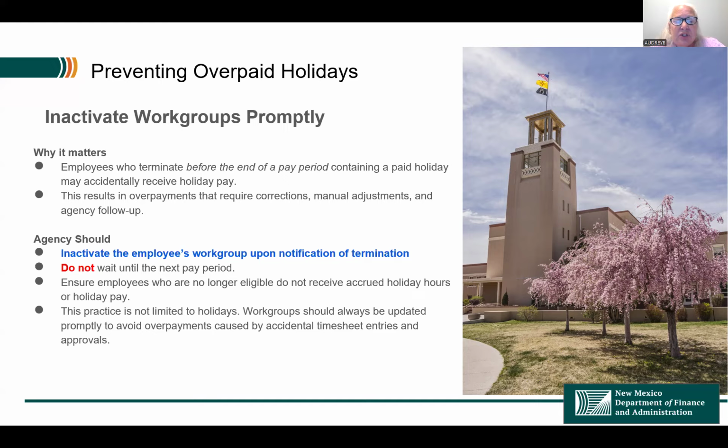So agencies should inactivate the employee's work group upon notification of termination. As soon as you are notified that an employee is terminated, you should go in and inactivate their work group. Do not wait until the next pay period, because this will ensure that employees who are no longer eligible do not receive accrued holiday hours or holiday pay.